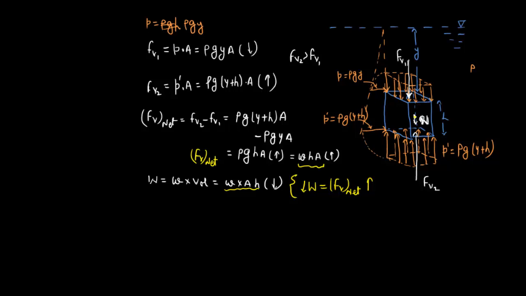In that case, we can say that this FV net is simply the buoyant force, and this acts in upward direction.